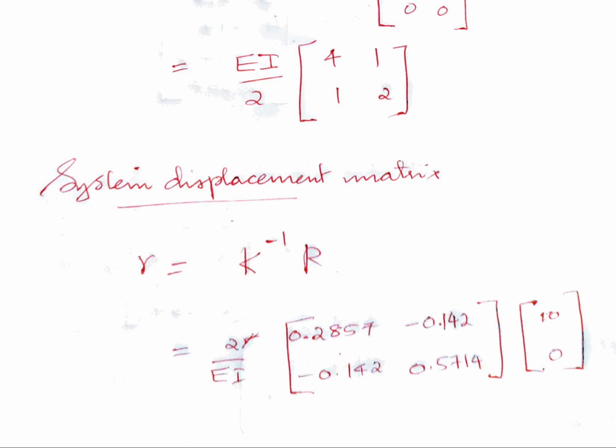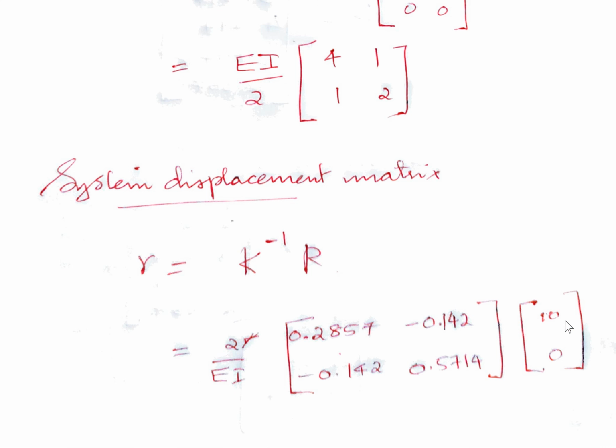Next is the system displacement matrix small r is equal to capital K inverse into capital R. We have already found capital K, the system stiffness matrix, and capital R is nothing but the system forces, capital R1 and capital R2.